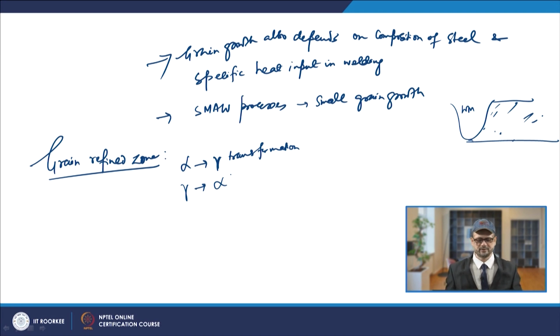Now the large grain boundaries will promote ferrite nucleation on the grain boundaries, and austenite will remain at the grain centers in such cases.